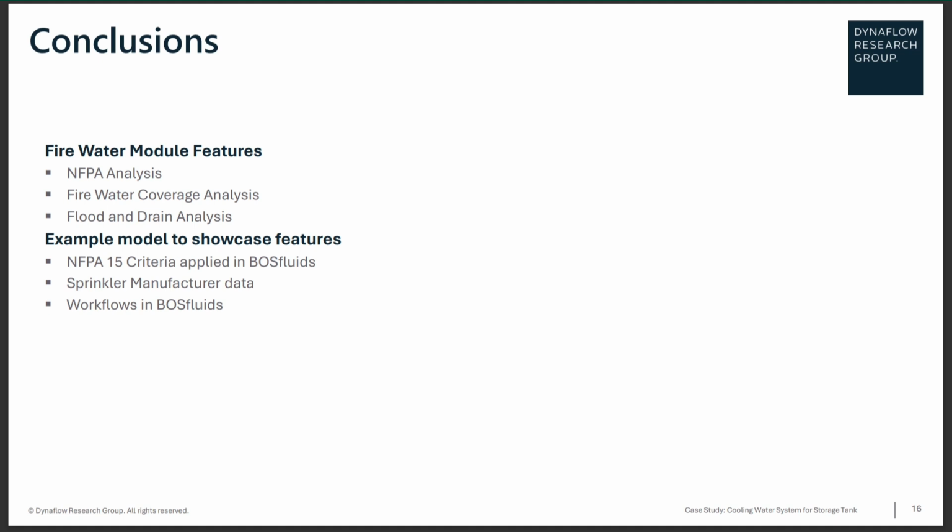And then we also went through the flood and drain, we mentioned it. And we did actually a quite nice example. We showed a little bit how we can apply codes, how we can use the data from a manufacturer of sprinklers. And we went through the software.